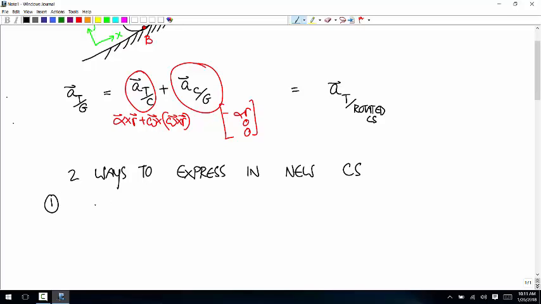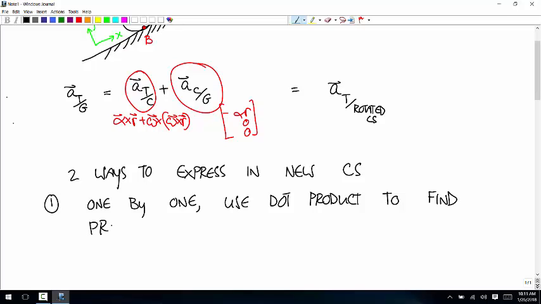The first is to use the dot product one by one to find the projections onto the new axes.